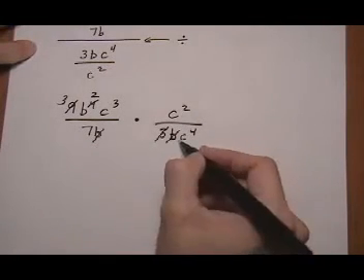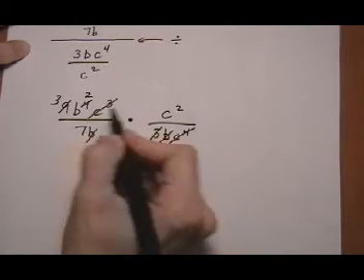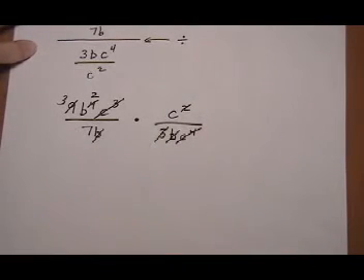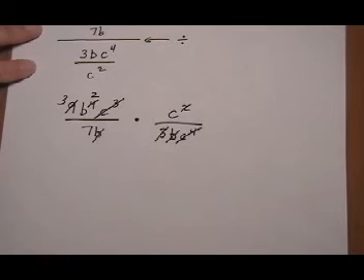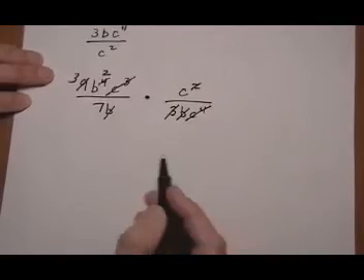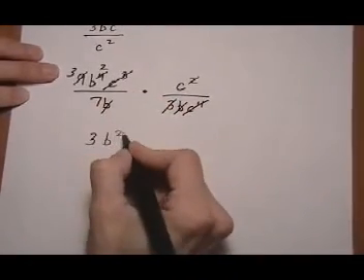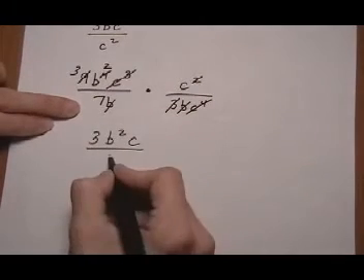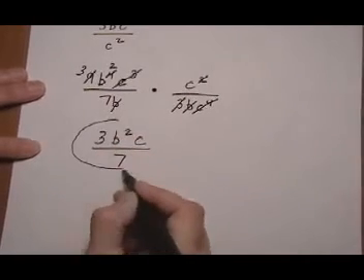So I can cancel all 4 on the bottom and cancel those 3 and 1 more. You can also do that by using the exponent rules if you prefer, instead of the shortcut cancel method. Once we've done all the canceling, we look to see what's left. We have 3 b squared c over just a 7. And that's the answer there.